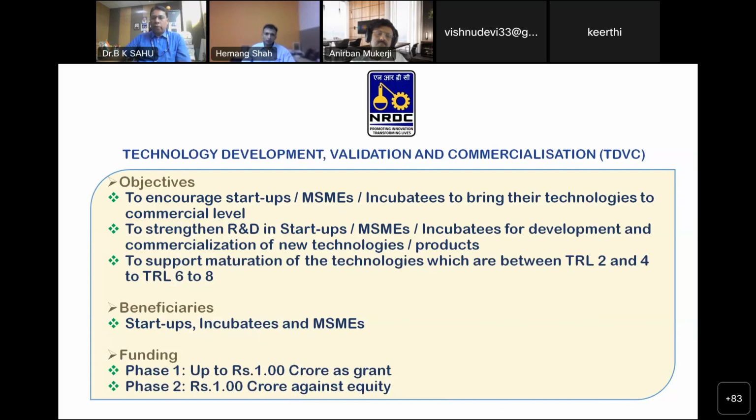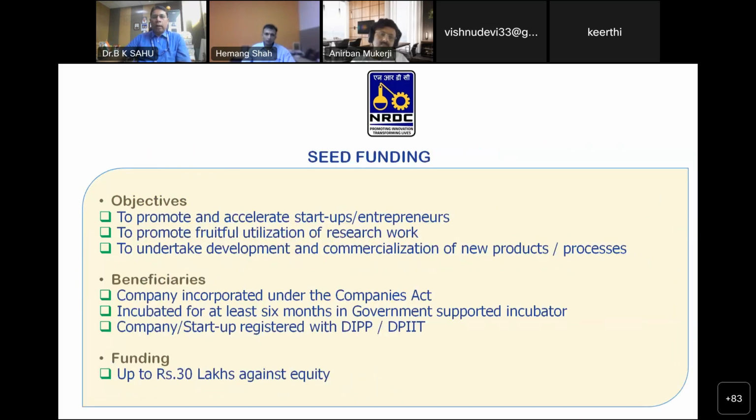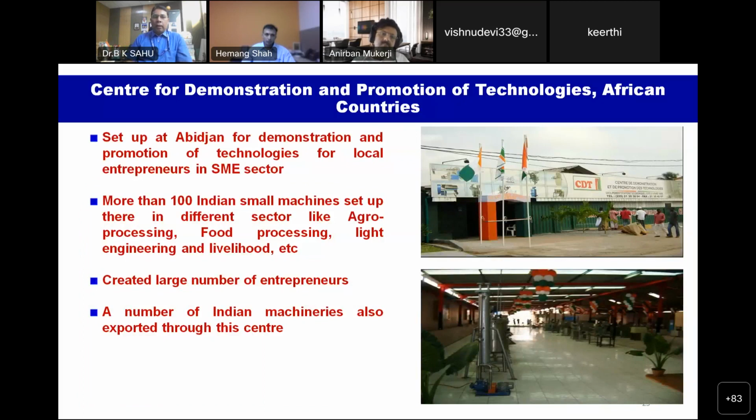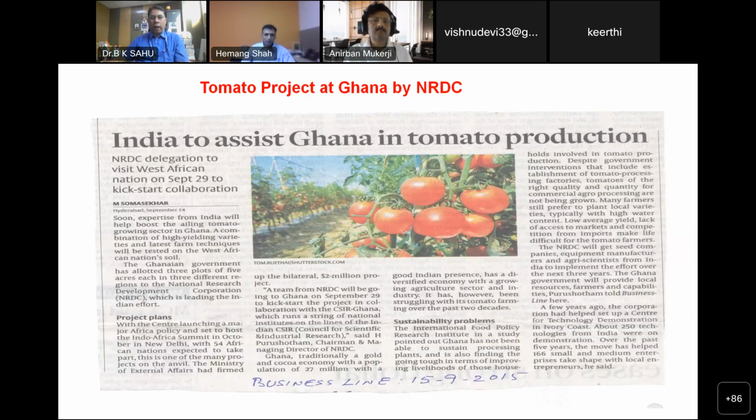We give funds for that, handhold for that, and also we establish Indian Technology Demonstration Centers in various African countries to adopt Indian technology, taking Indian knowledge know-how, technology know-how, so that we can be a Vishwaguru in creating such opportunities of technology and innovation, and also IP commercialization, taking our own startups to those countries so that they can showcase Indian technology for global needs. That's the ecosystem we are part of in IP commercialization.